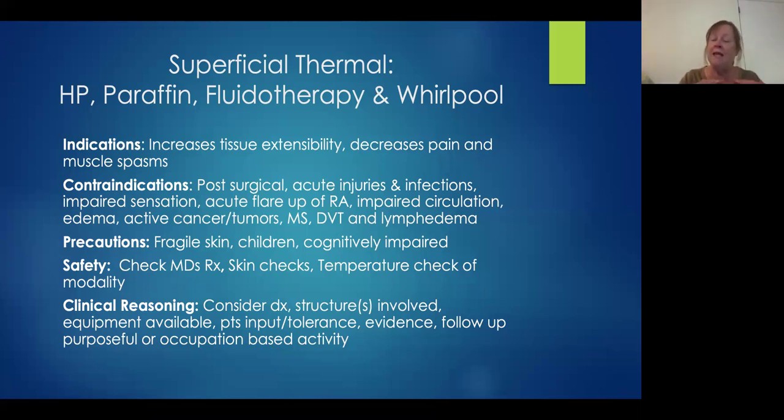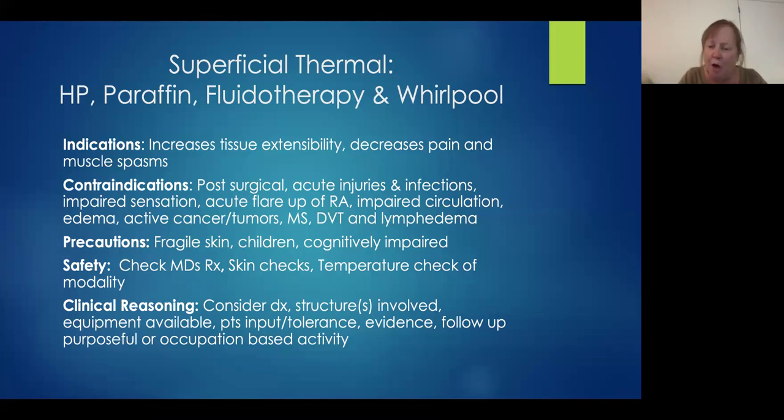It could cause a temporary exacerbation of their symptoms, so we don't use it. DVTs and lymphedema are your other contraindications. So when you're studying, review not only why you would use heat, but what the contraindications are. What do I need to be concerned with? And in the scenario they give you, are there any of those contraindications that would make you say, I'm not going to use a heat modality?